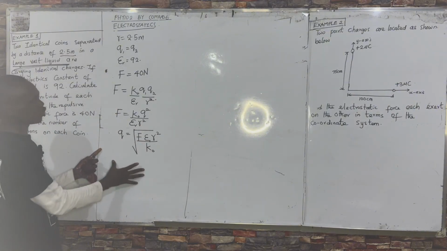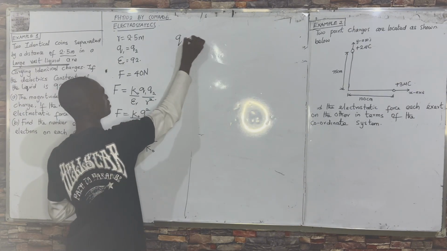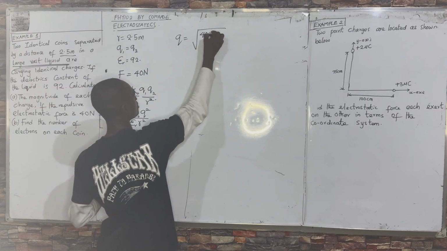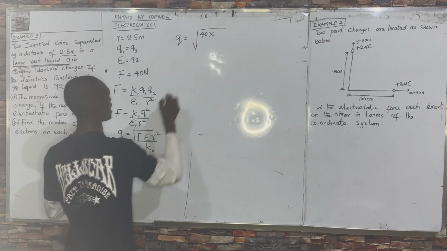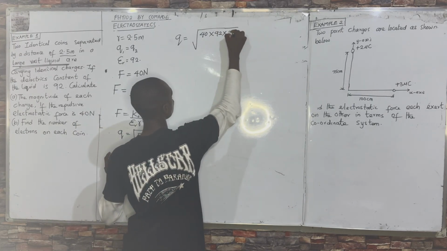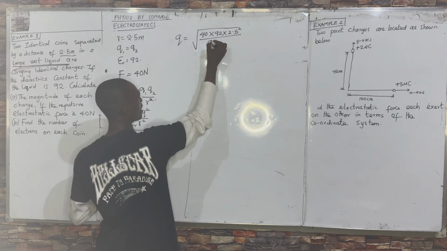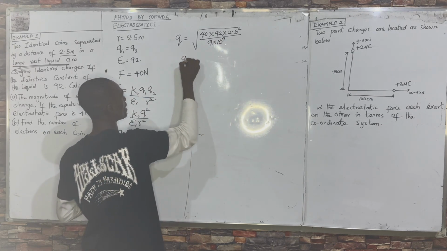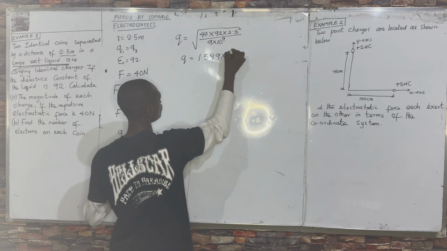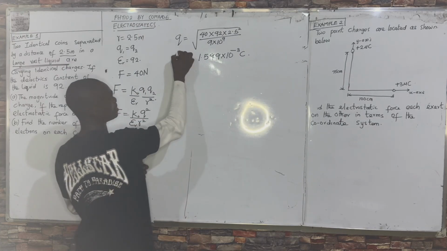Then I substitute my parameters: Q equals the square root of, what is F? 40, times what is ER? 92, times what is R? 2.5 squared, over what is K? K is 9 times 10 raised to power 9. So my Q becomes 1.599 times 10 raised to power minus 3 coulombs. So that is my Q.